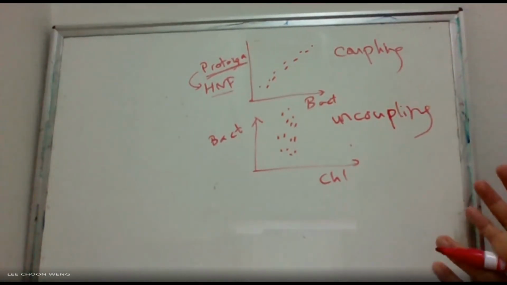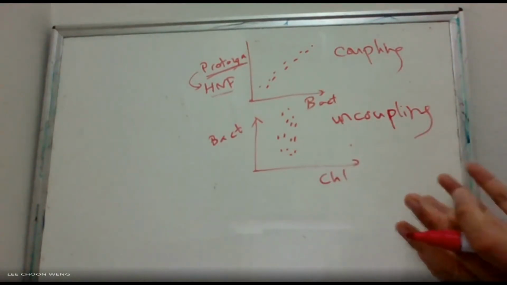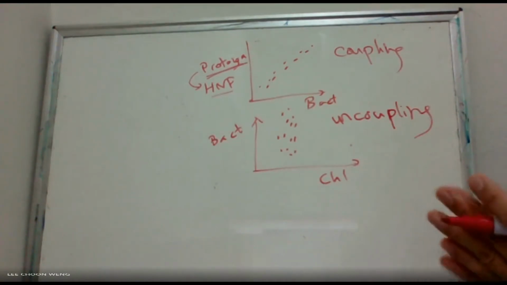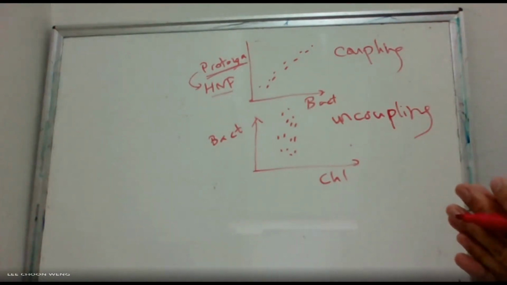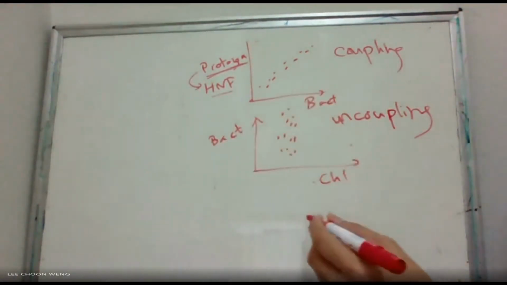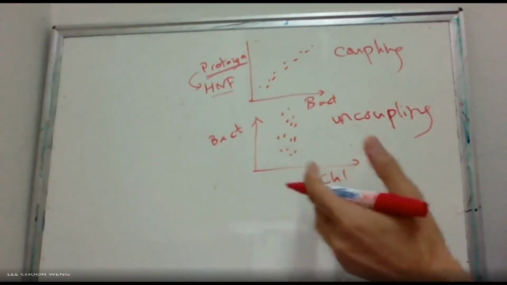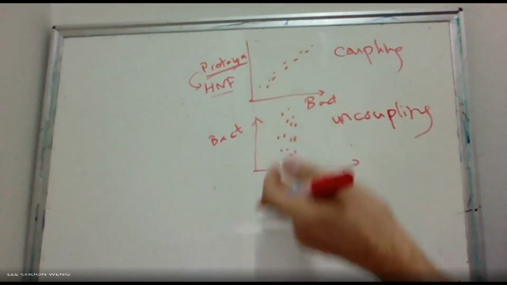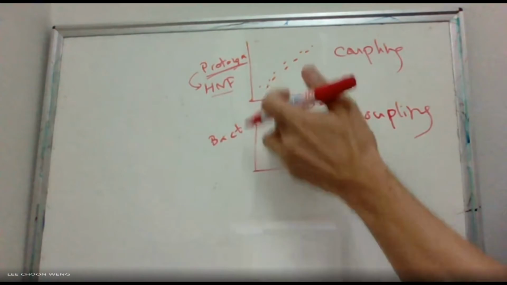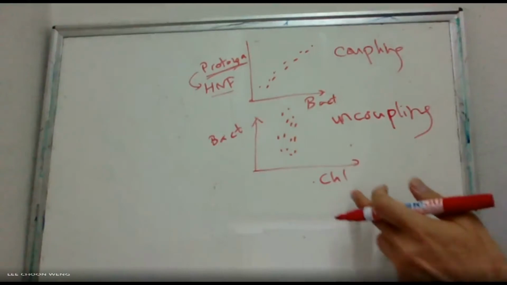That means in the site that you are studying, there's no traditional sense of coupling between bacteria and chlorophyll. Okay. Is this possible? Where the variation in bacteria is, another way you can say this observation is, the variation in bacterial abundance is independent of chlorophyll concentration.